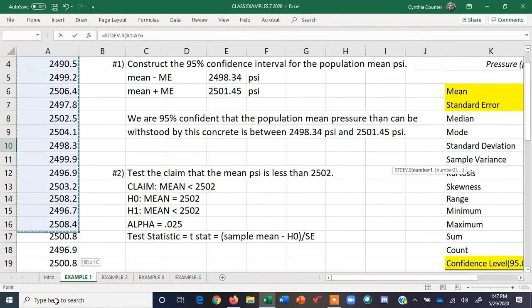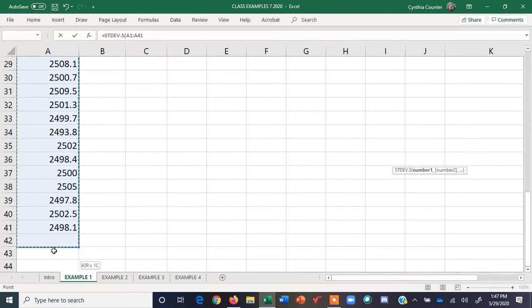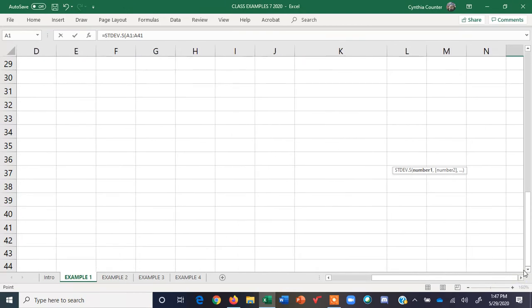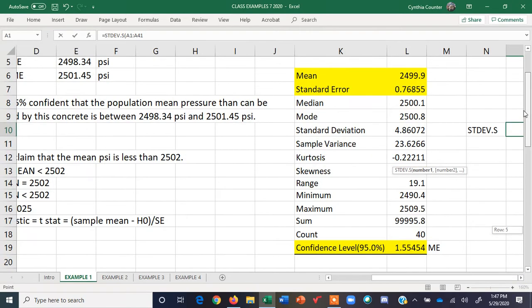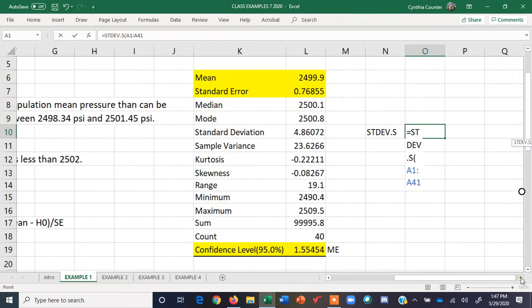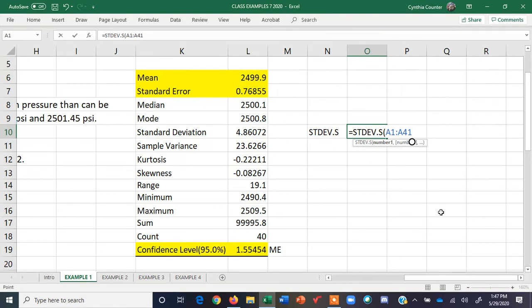It doesn't matter if you start at A1 or A2. When you have a formula, it will simply ignore non-numerical values in the cells. So the standard deviation of A1 to A41, and there's that 4.86072. If you didn't have this data analysis tool, you would also need to find the mean.